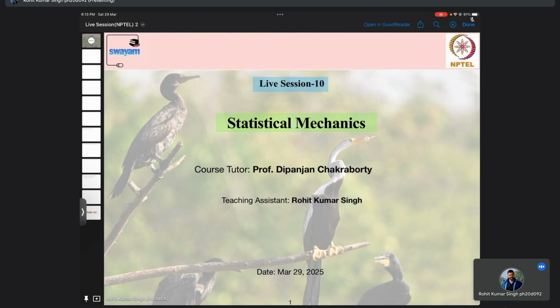So far we have been discussing statistical mechanics, and last week we discussed quantum statistical mechanics. We saw that instead of a density function, we have a density operator for quantum statistical mechanics, and once we obtain the density operator, we can calculate the expectation value of any function like energy, entropy, and such.